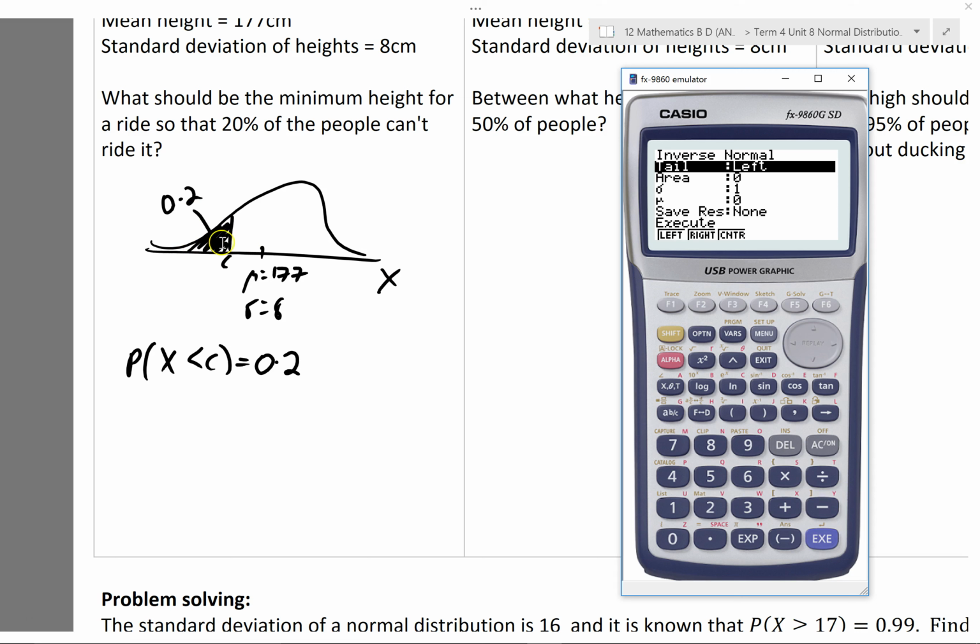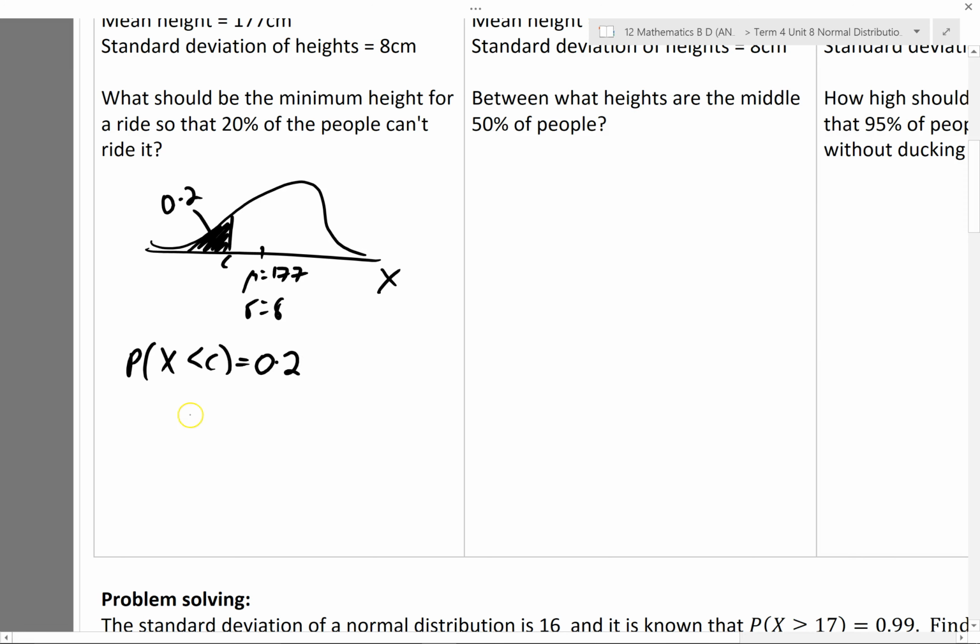What we have here is a left tail, so the tail goes off to the left hand side. The area of that tail is 0.2, my standard deviation is 8, and my mean is 177. When I execute that, it gives me 170.3 centimeters, or 0.27 centimeters, whatever you want.